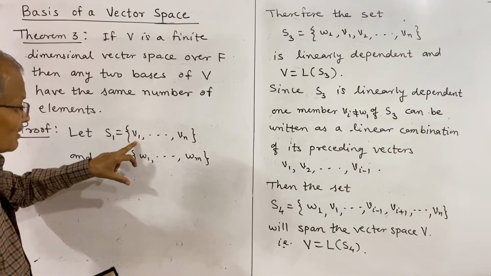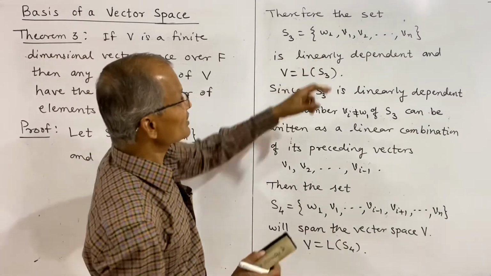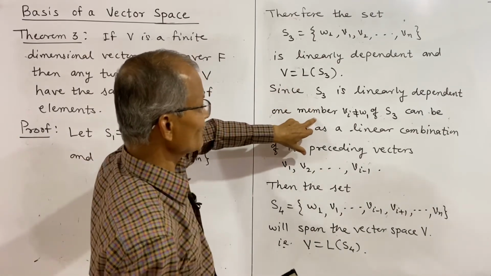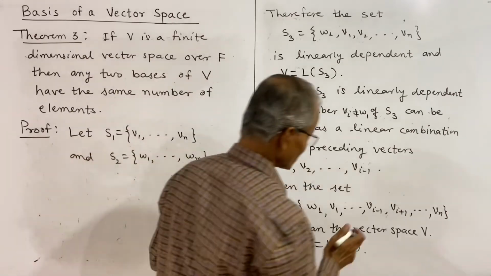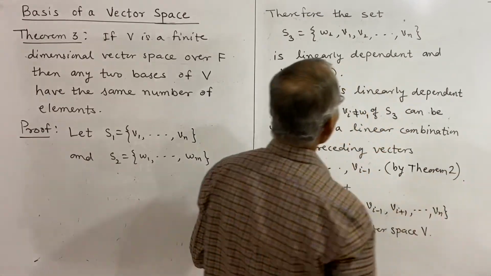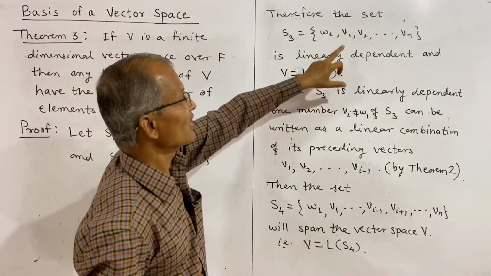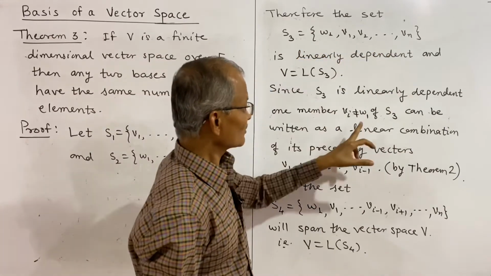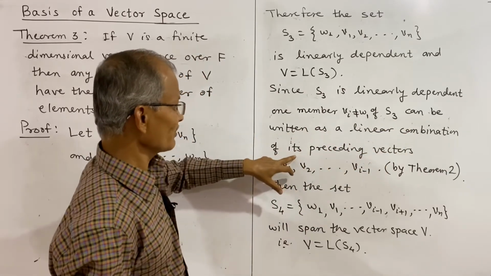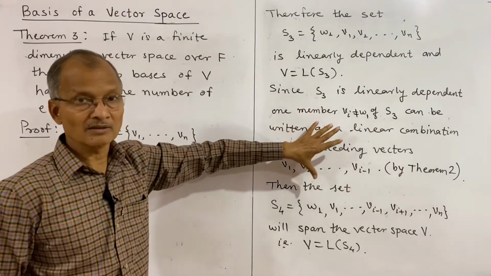So W1 is expressed as a linear combination of V1, V2, up to Vn, and therefore this set becomes dependent, and it again spans V. And in this linearly dependent set, one member, so this is actually theorem second, can be written as a linear combination of its preceding vectors, that is V1 up to Vi minus 1, except W1. This is theorem second we have proved.